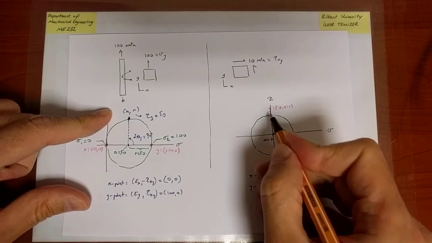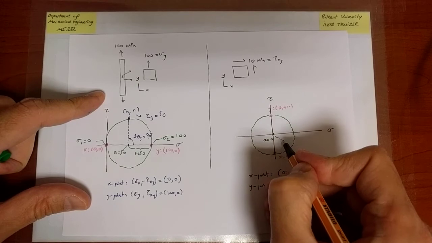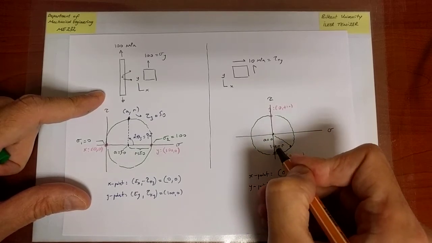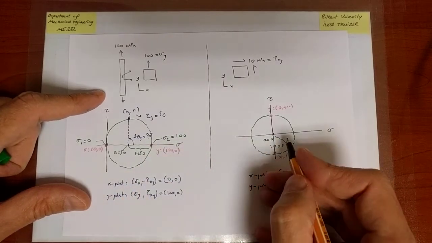And the radius of the Mohr circle clearly is equal to, again, in this case 10. Just like here, it was easy to identify.